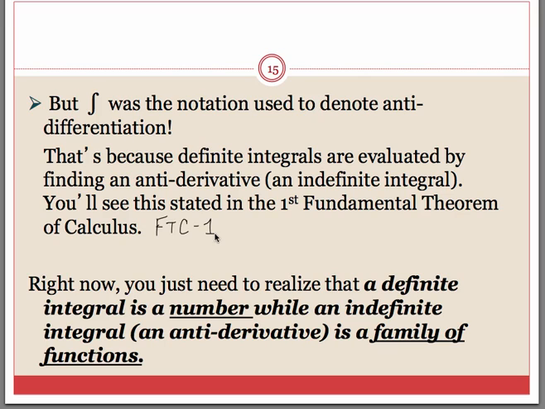If you're doing a true antiderivative, an indefinite integral, you're talking about that other interpretation we talked about, of working backwards and finding the equation of the original function from the derivative. It's a family of functions. So where we're going to go next then is to talk a little bit more about this connection between how to evaluate a definite integral and why it is we can evaluate a definite integral by using antiderivatives.